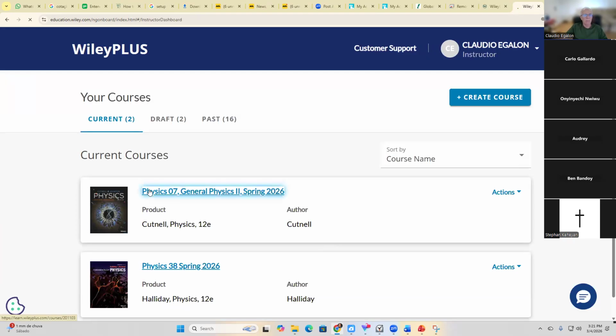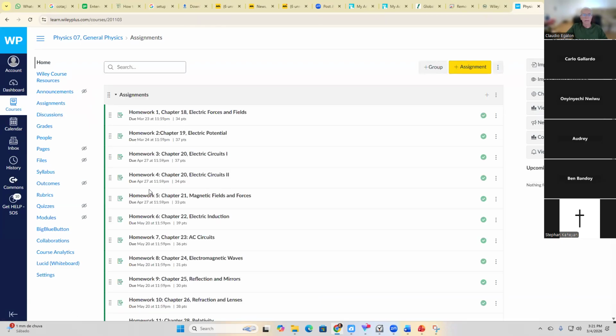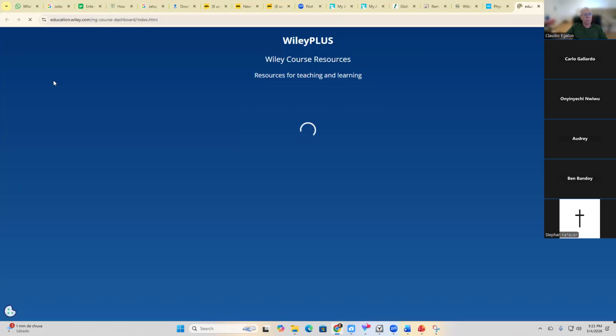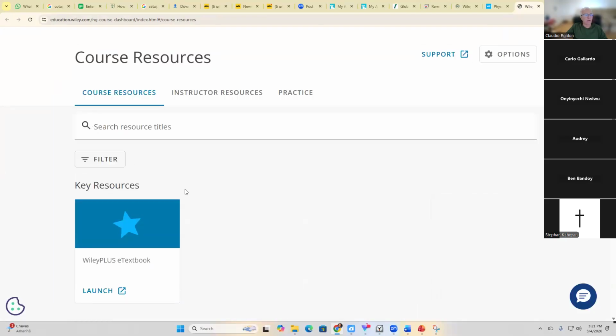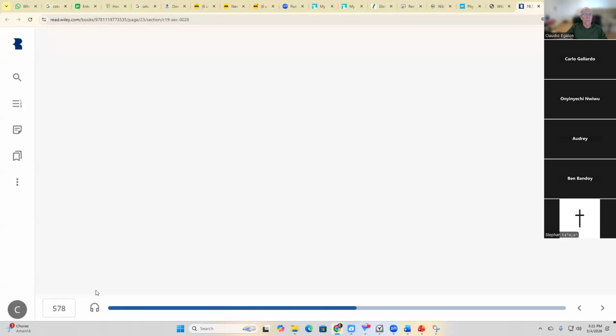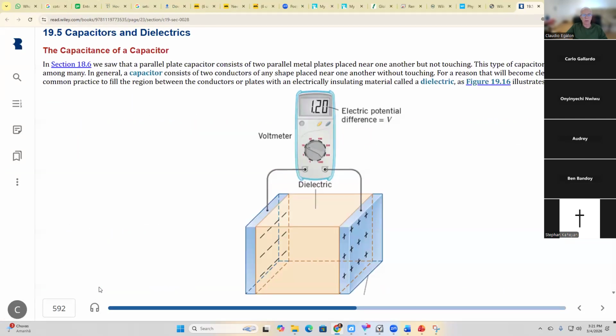Physics 7, Wiley course resources. Let's take a look at the value of kappa for different dielectric materials. This is documented in the literature. We can measure kappa. Capacitors and dielectrics. Here you go.